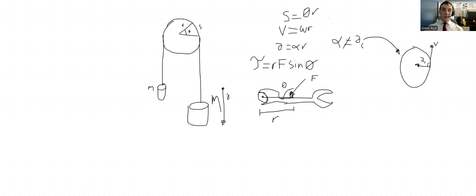Mass M is going to accelerate downward, and mass little m is going to accelerate upward. So we want to choose one direction or the other to be our positive direction. Because it's easier to choose the positive direction than the direction of acceleration, we're going to choose this side to be positive. Clockwise is positive, and counterclockwise is negative.